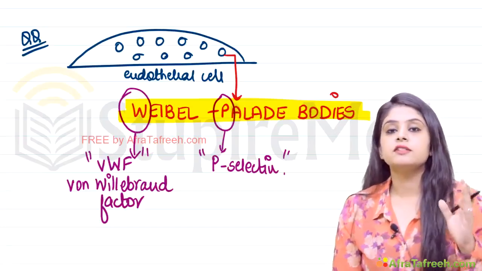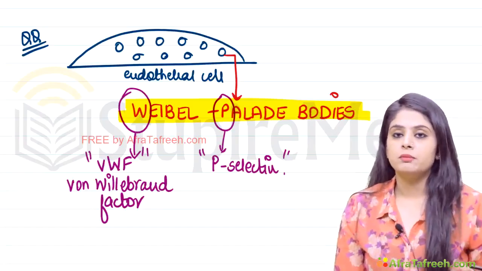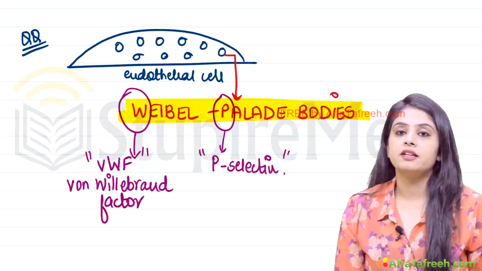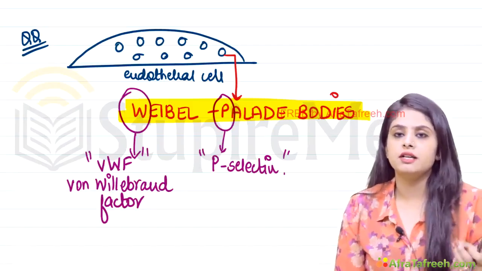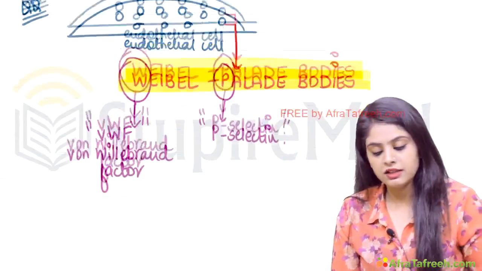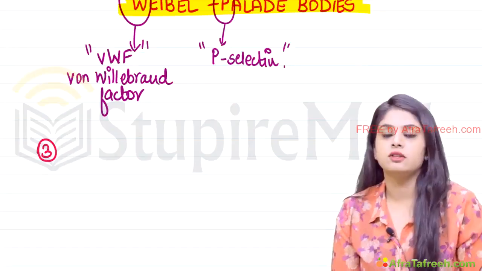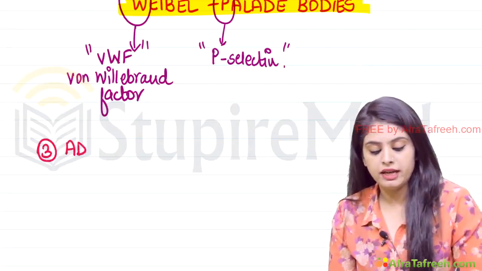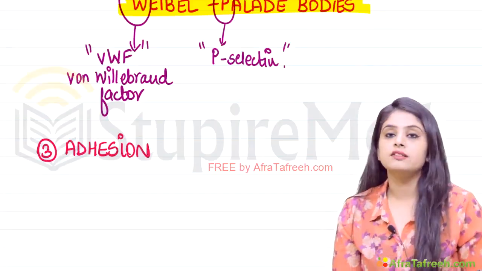So students, the first cellular event was margination. Cells have come onto the margin. The second cellular event is that they start rolling over here with very weak adhesions. The third cellular event, as they roll, is known as adhesion.